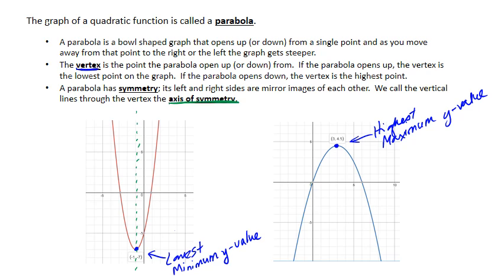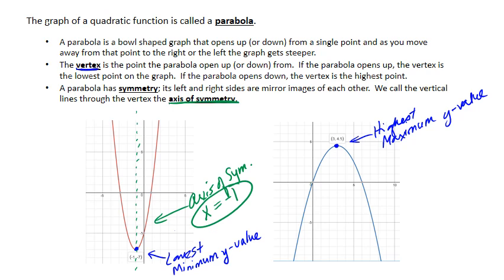So in this graph, the axis of symmetry, I'm going to abbreviate here, would be the vertical line going through this point of -1, -7. Remember, all vertical lines are going to be given as x equals the x value associated with it. So the x value here is -1, so the axis of symmetry is x equals -1.